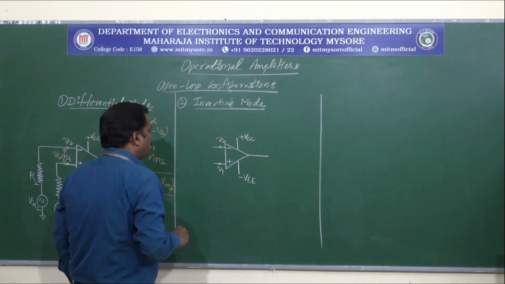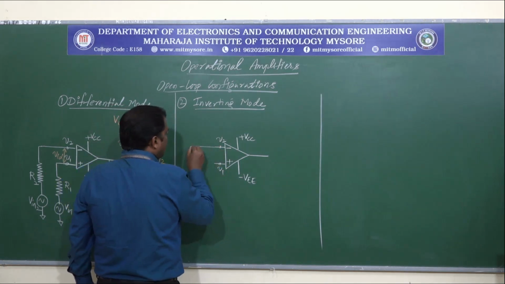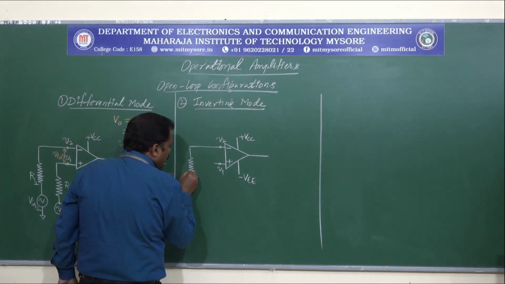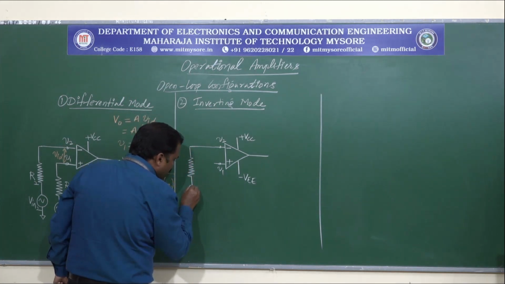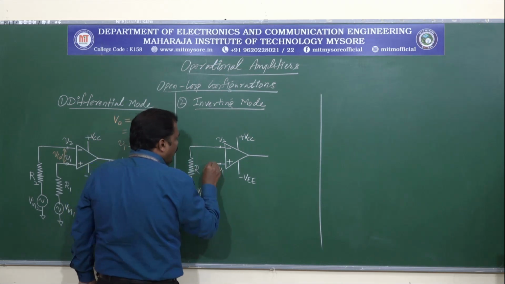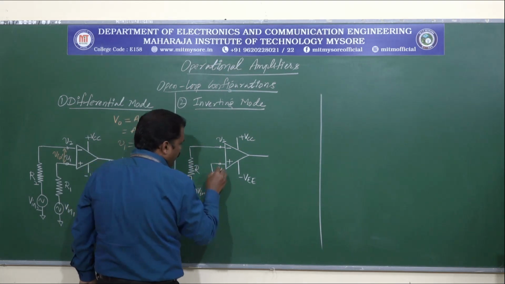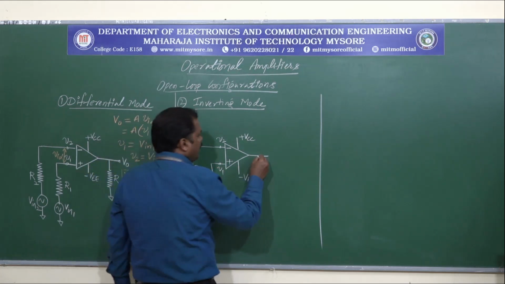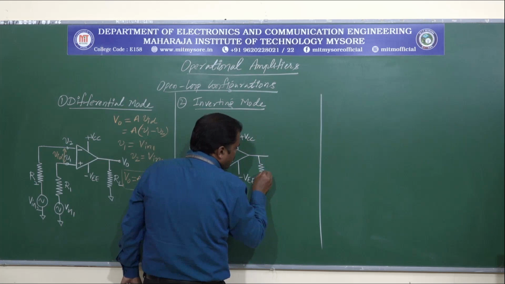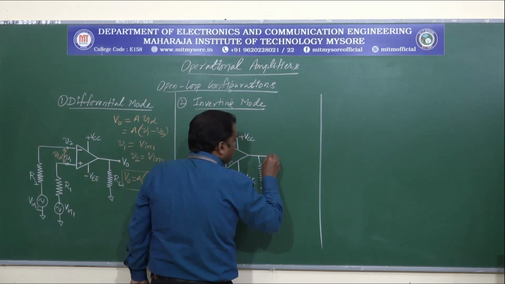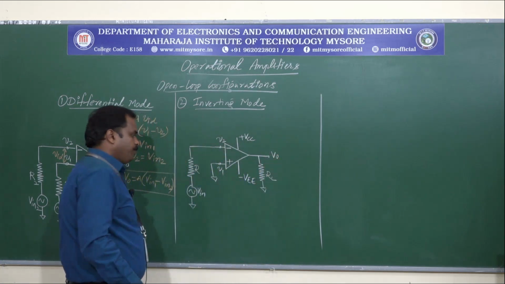Because this is inverting mode, we will be connecting the signal to the inverting terminal V2. This is Vin, this is input element R, and this will be grounding. The non-inverting terminal V1 will be grounded, and here we have the load resistance RL, and this is V0.